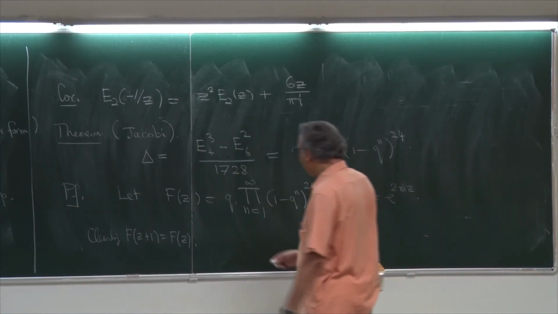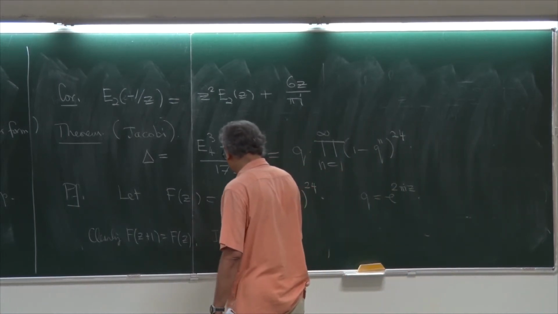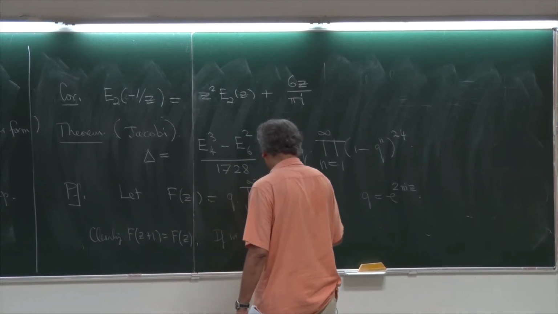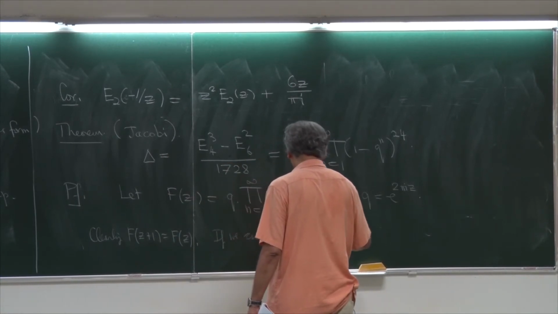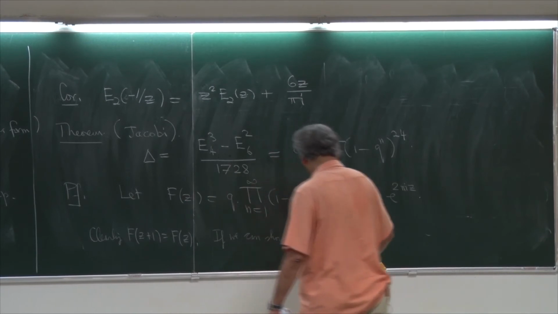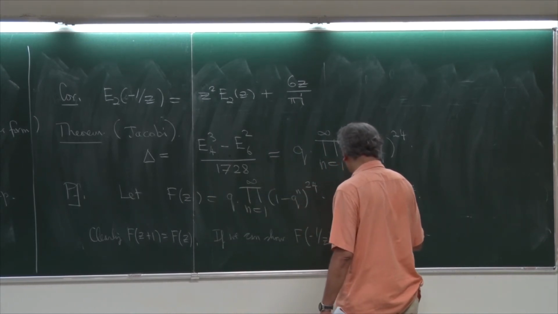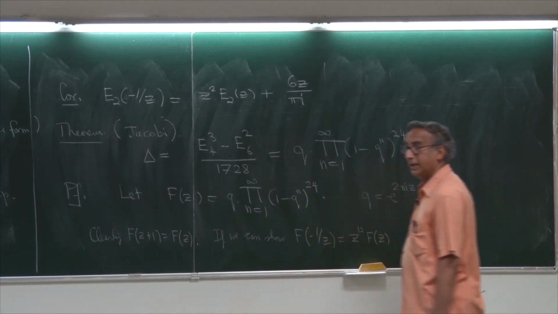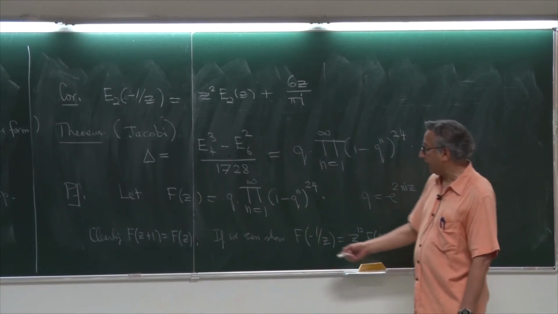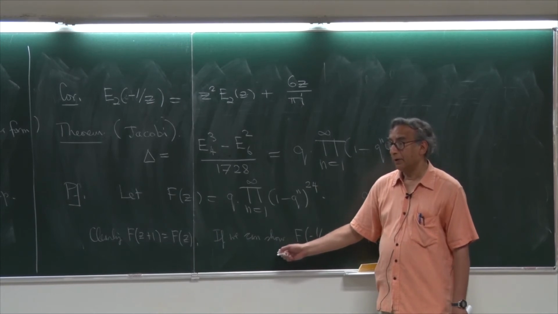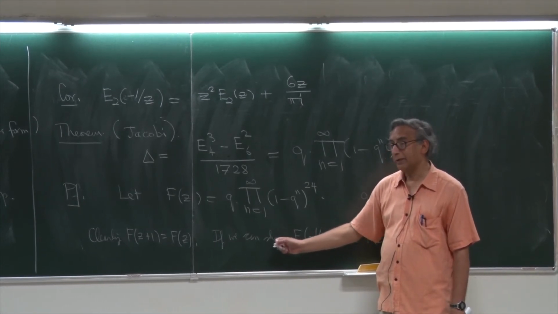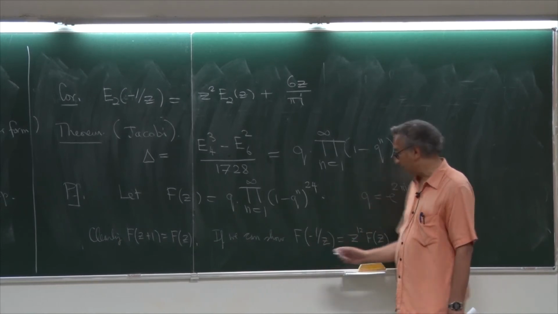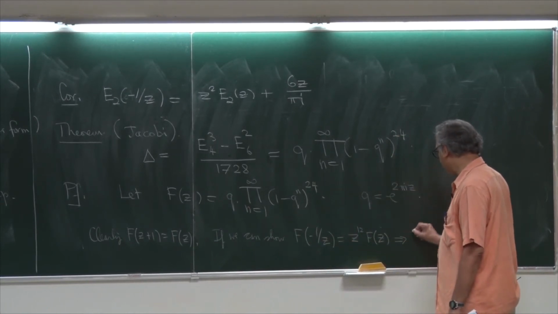If we can show that f of minus 1 over z is equal to z to the 12 f of z, then we know that for a modular form, because (1, 1, 0, 1) and (0, -1, 1, 0) generate, this will imply that f is a modular form.